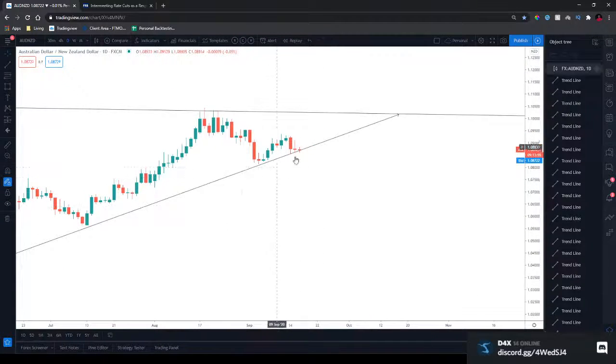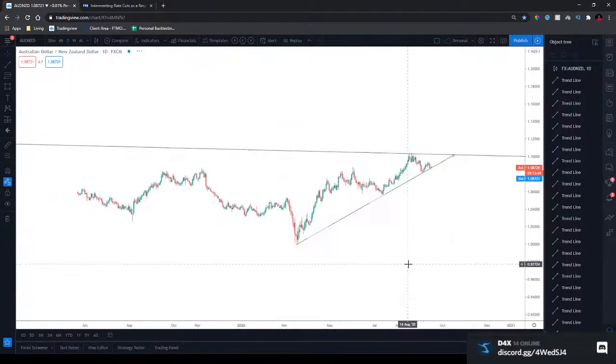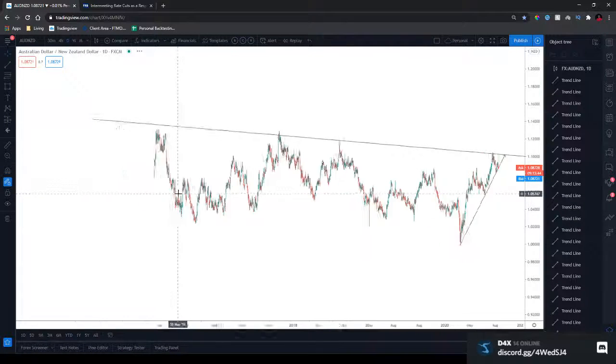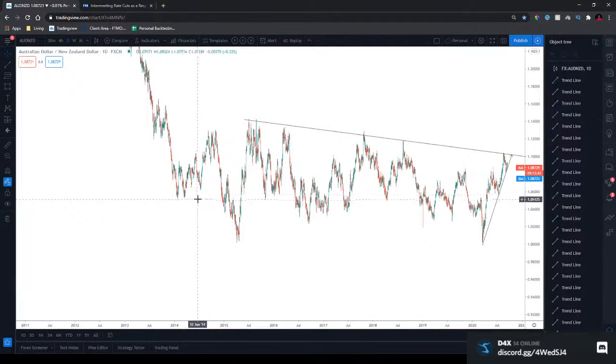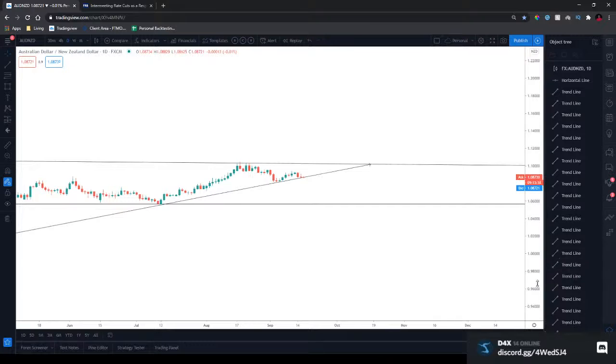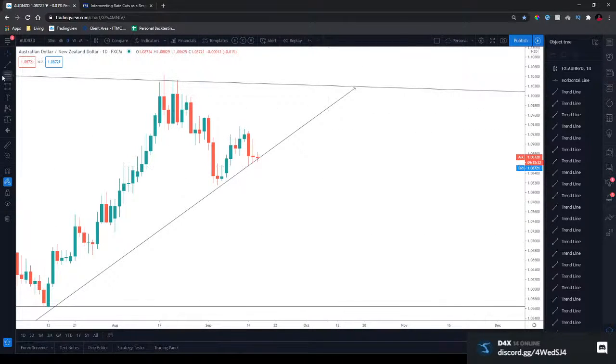Okay, so looking for price to break down impulsively, give us a correction, and then continue down. The first level I'll look for it to come down to is right here in this area is what I'm liking right now. Yeah, the area that I would like it to come down to is right here. If it breaks out.